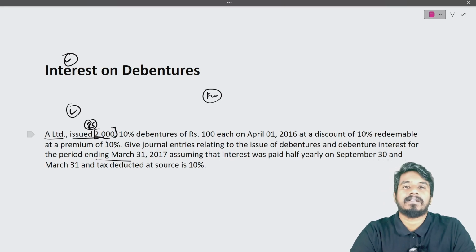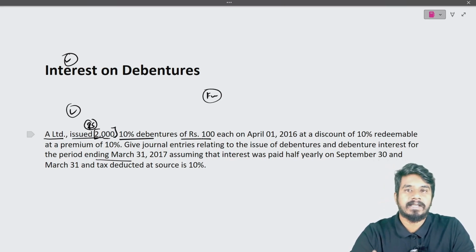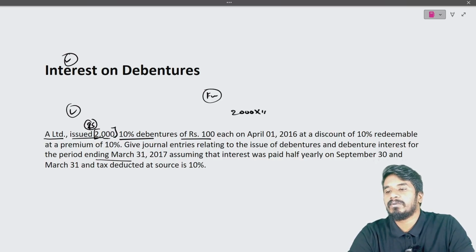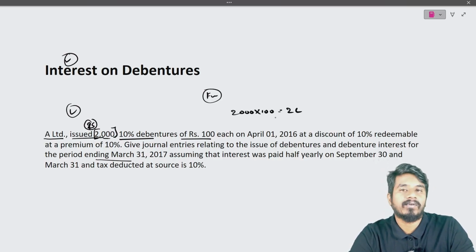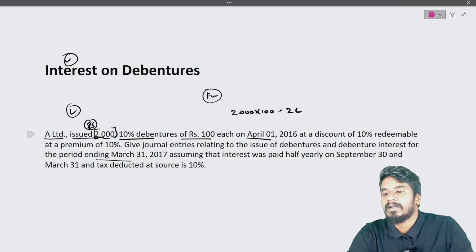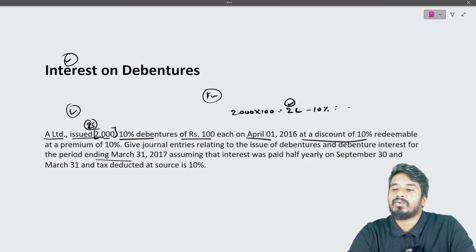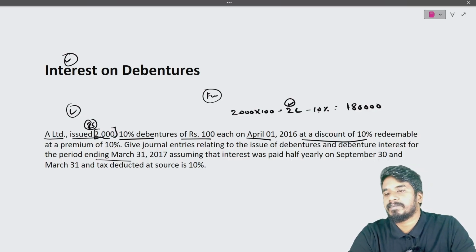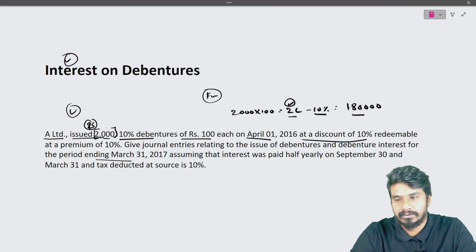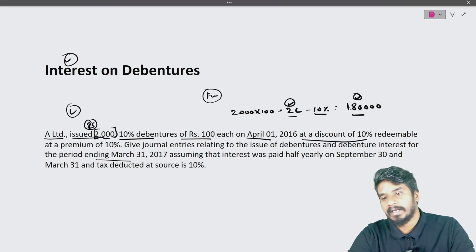So 2000 debentures into 100, which means 2 lakh rupees worth of debentures they are issuing on 1st April, at a discount of 10%. 2 lakh minus 10% is 1 lakh 80,000. So they are issuing at 1 lakh 80,000 rupees, right?